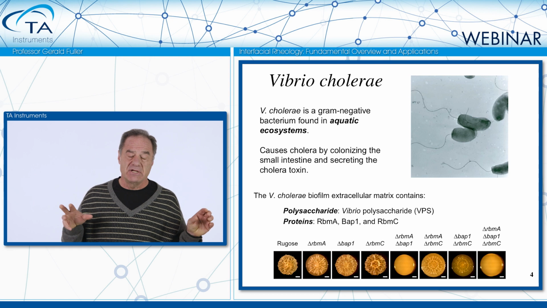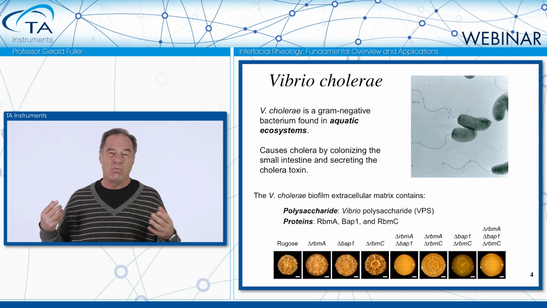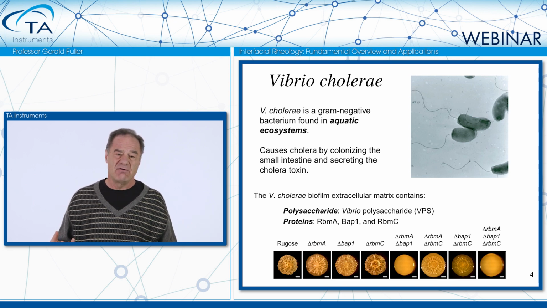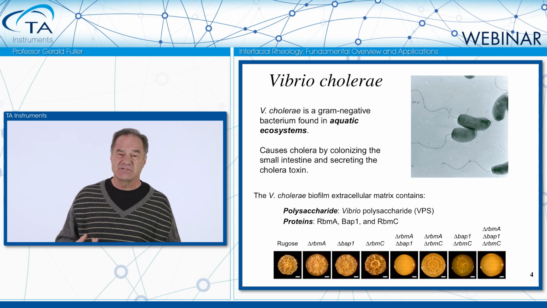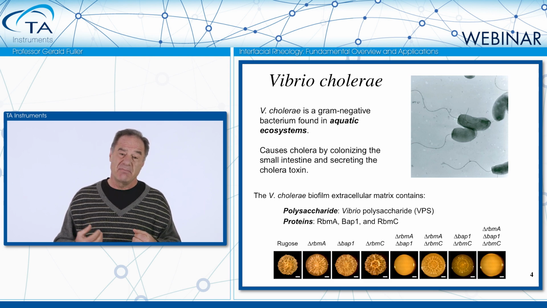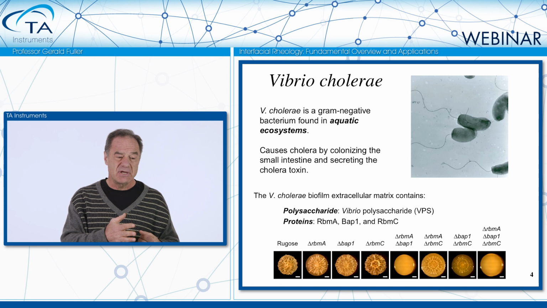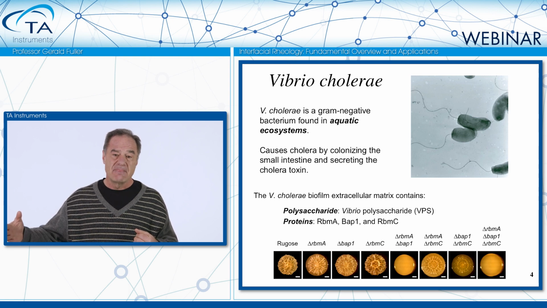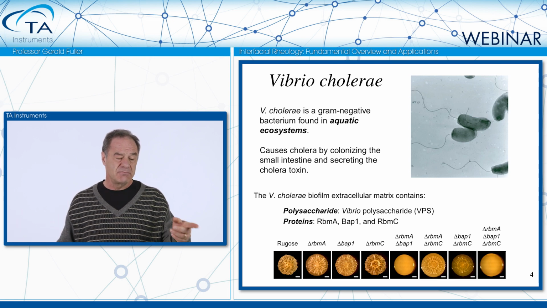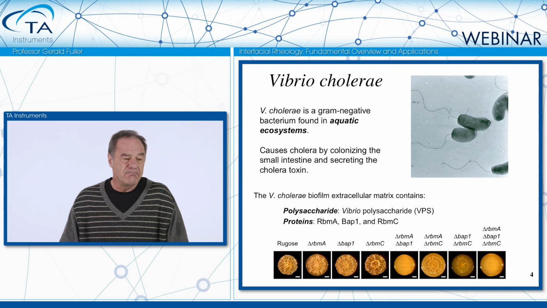We were interested in trying to understand which elements of the biofilm contributed to the viscoelastic strength of the biofilm produced by this bacteria. So we collaborated with biochemists that were able to produce a number of mutants, and you can see them in the pictures at the bottom.